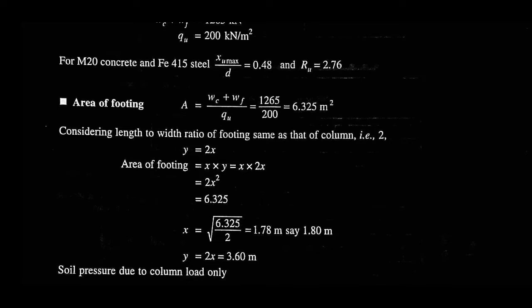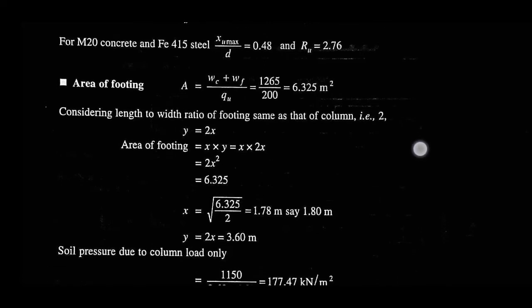That means the shorter length of footing is 1.8 meter and the longer side of footing is 3.60 meter.